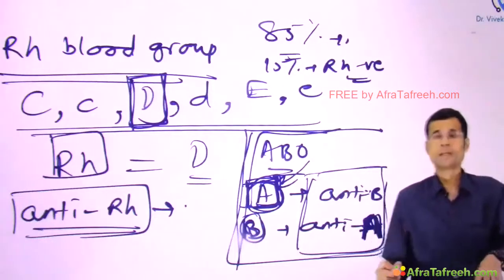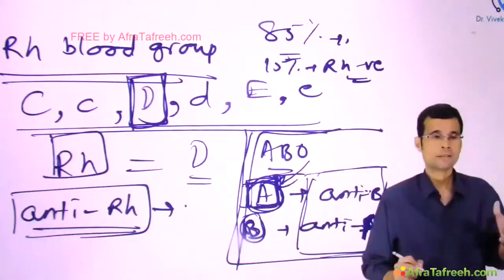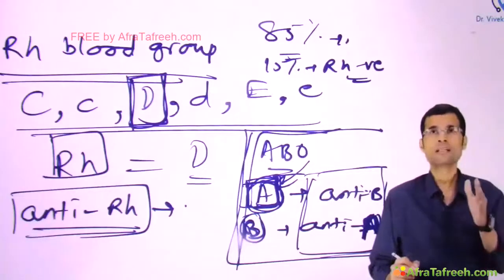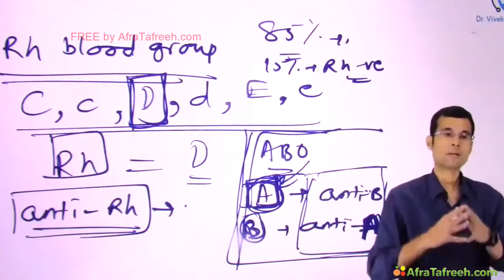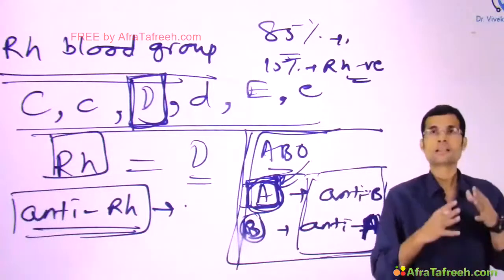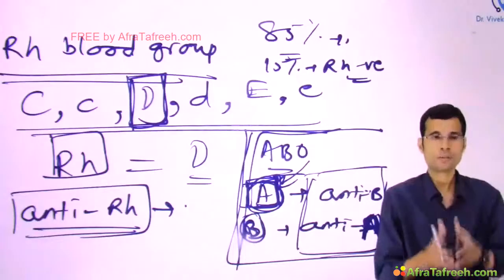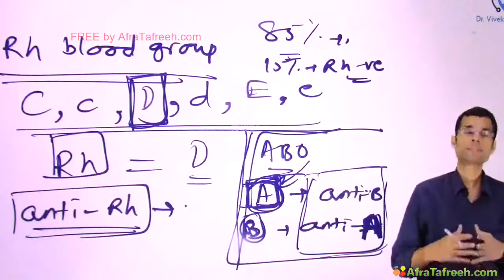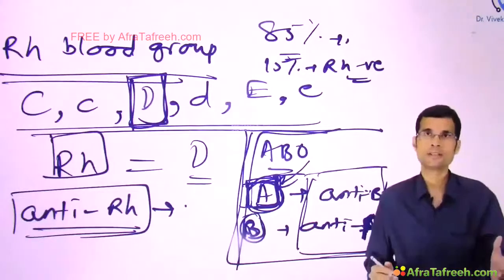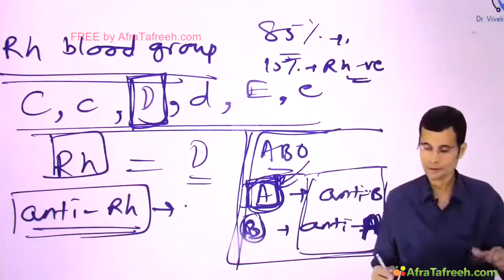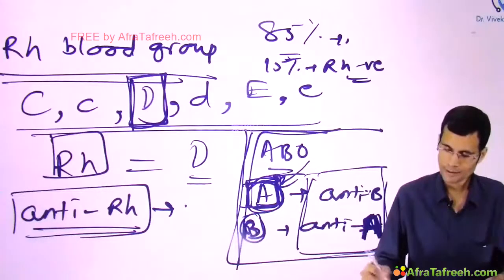So anti-RH antibody will be seen only in one circumstance, when RH negative person receives RH positive blood. So the person is getting exposed to that antigen, the person will form the antibody.